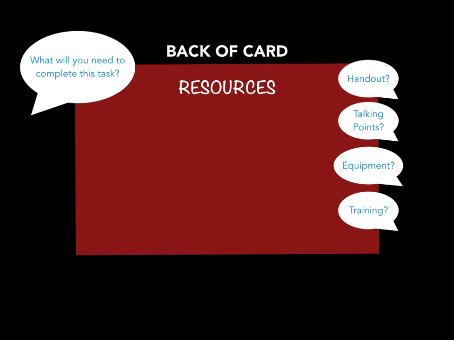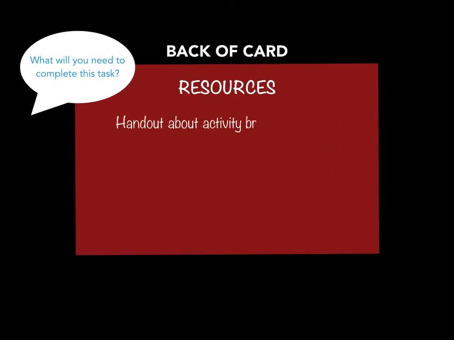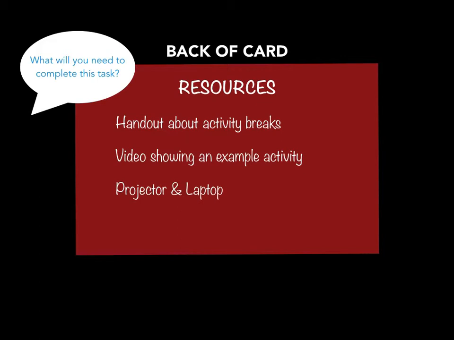In our example about presenting at the staff meeting, the person in charge will need a handout explaining activity breaks, a short video showing an example activity, a projector, a laptop, and about 15 minutes of time scheduled during the meeting. By recording these items on the back of the card, we can make sure the person setting out to complete the task will have everything they need to be successful.